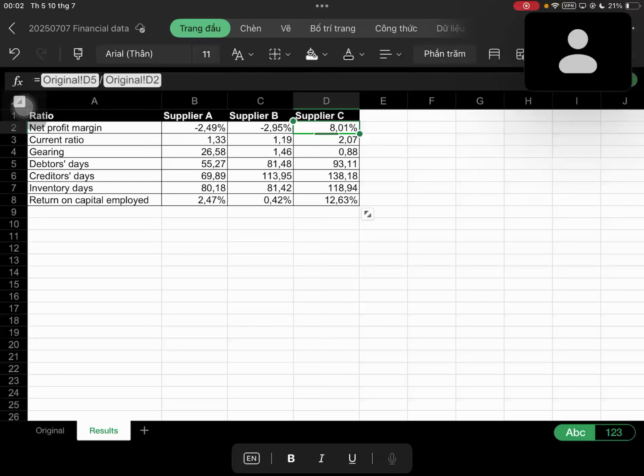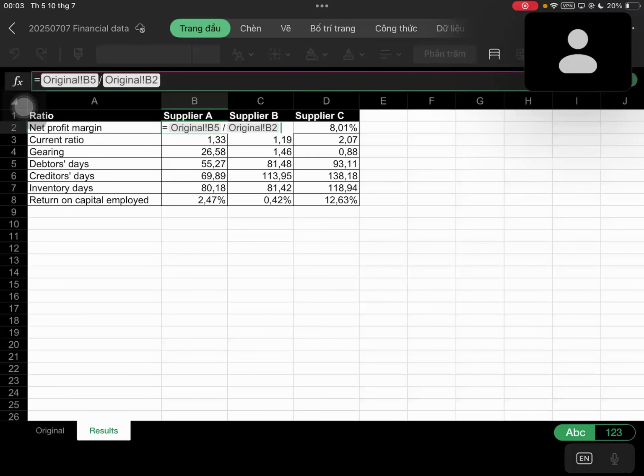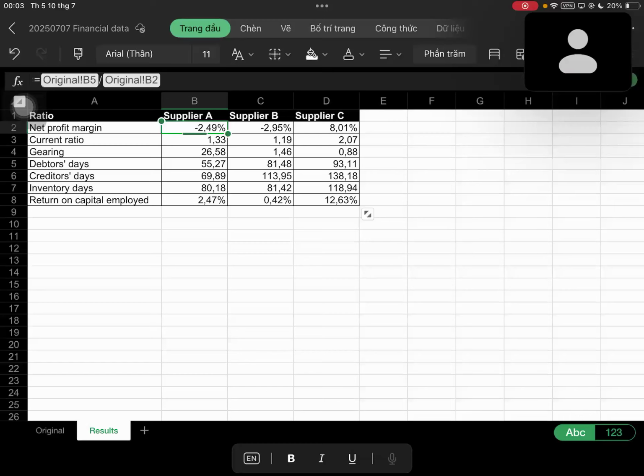So that's correct, and we take it as a percentage. Both supplier A and supplier B have negative net profit margins at minus 2.49 and 2.95. Only supplier C has a positive net profit margin at 8%. Quite impressive. For the current ratio, all three suppliers have pretty good ratios, all of them over 1. Supplier B is slightly lower, but supplier C has a pretty impressive number over 2.